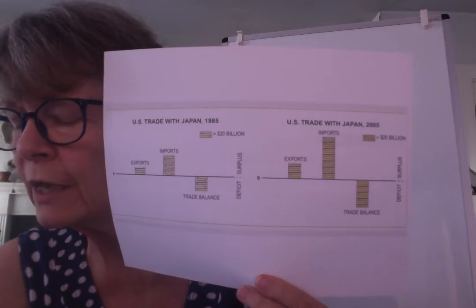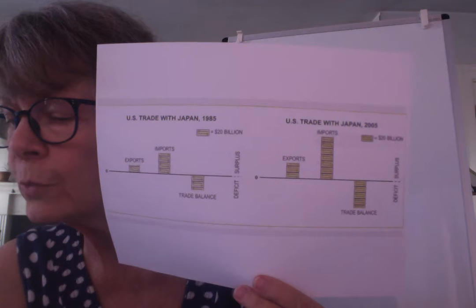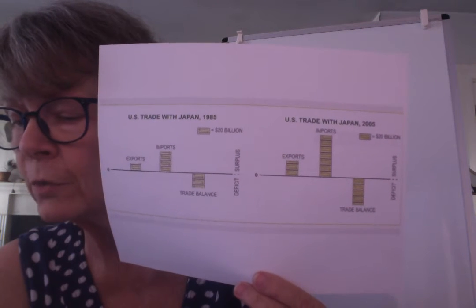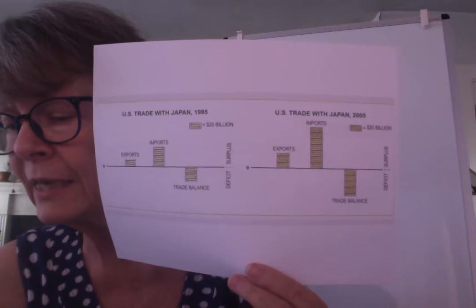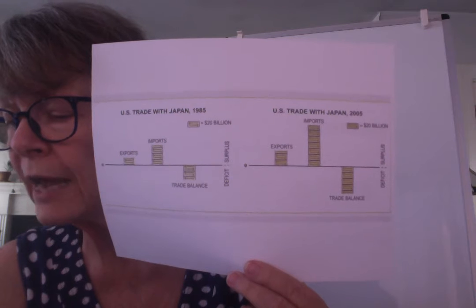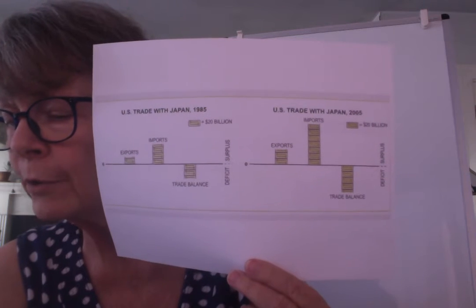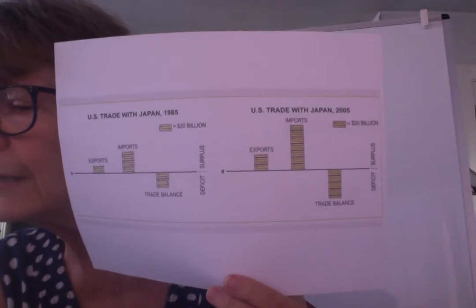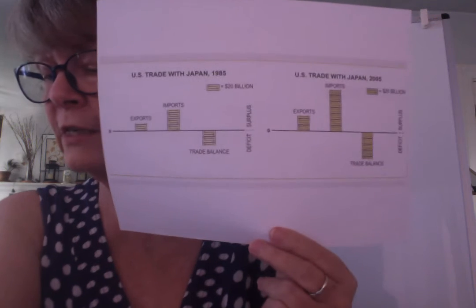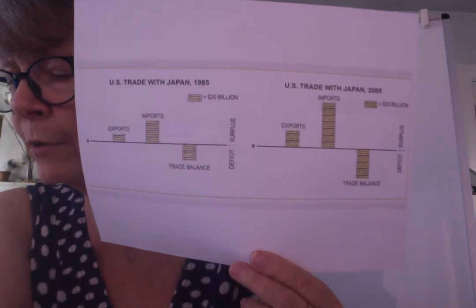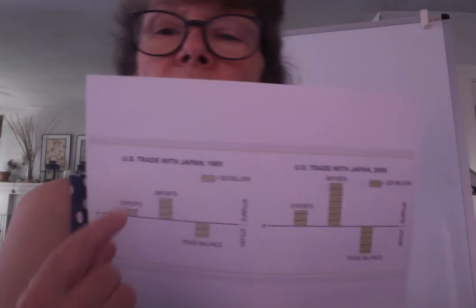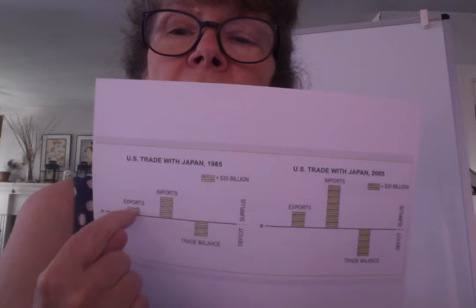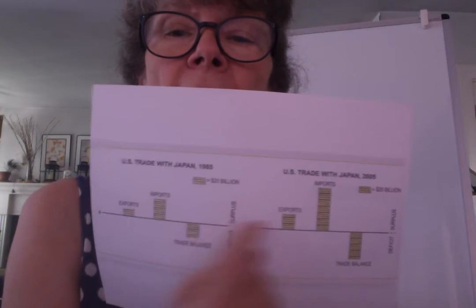Number 14, based on these pictographs, which of the following statements is correct? The answer is C. The value of U.S. exports to Japan doubled between 1985, not 1995. It doubled. So we would count this and we would count that and see if this is double that.